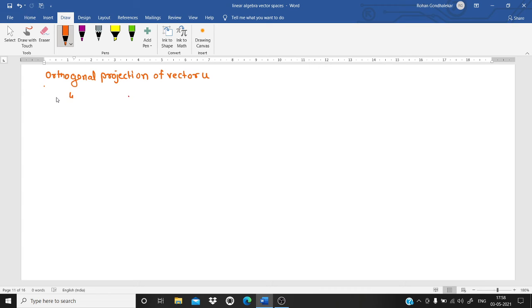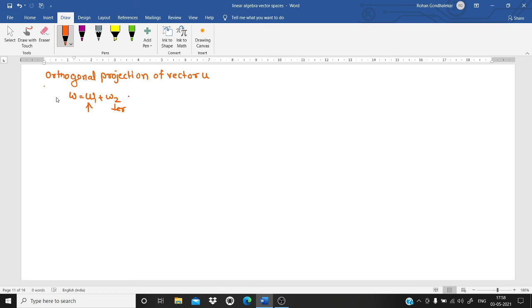Suppose w is my vector. If I want to find its decomposition, say w1 plus w2, then w1 is in the direction of w and w2 is in the perpendicular direction of w. So the vector component w1 in the direction of w is called the orthogonal projection.